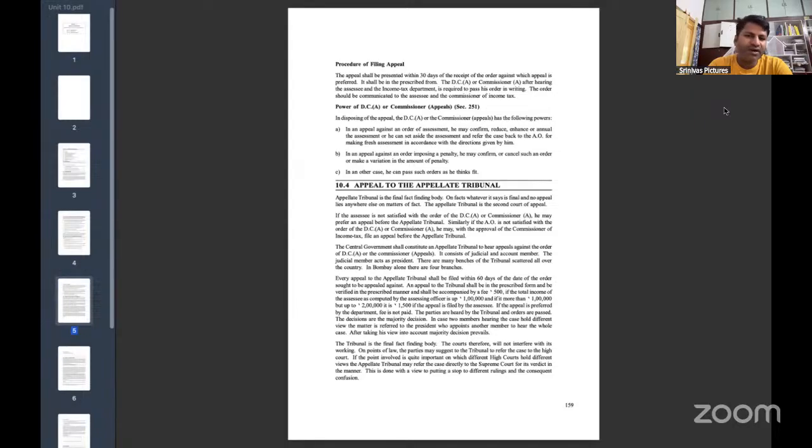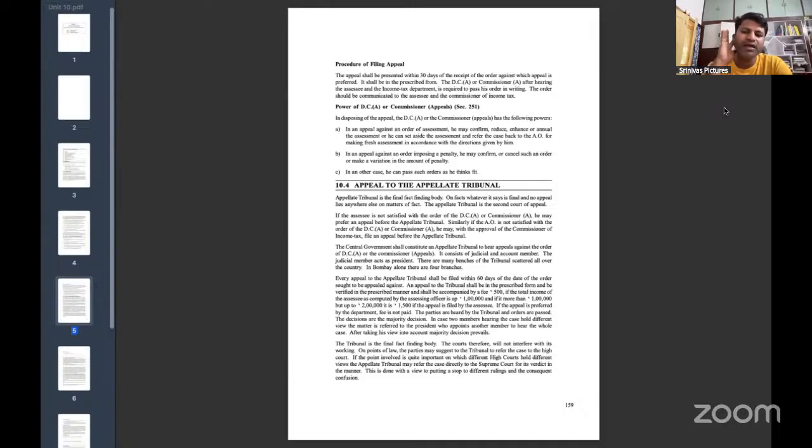What are the powers of the Deputy Commissioner of Appeals or Commissioner of Appeals under section 251? In an appeal against an order of assessment, he may confirm, reduce or enhance the assessment, or he can set aside the assessment and refer the case back to the assessing officer for making a fresh assessment in accordance with the directions given by him.